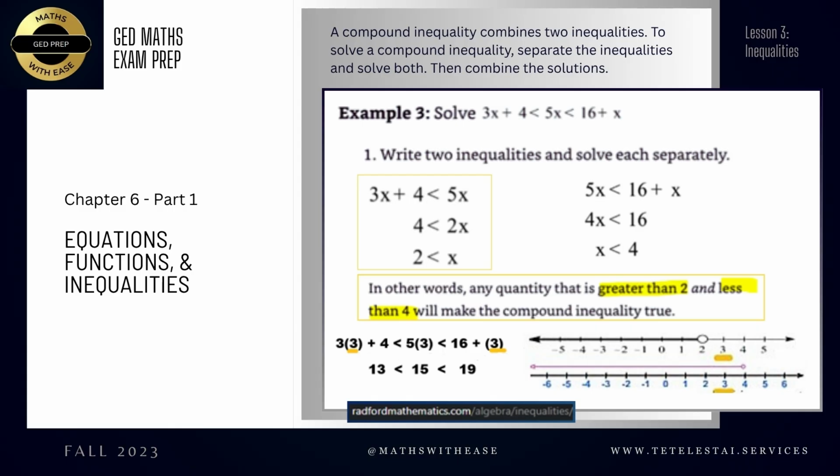So what number lies between 2 and 4? 3. And that makes sense for the solution because 3 is indeed greater than 2, and it's also less than 4. Or you can just represent both inequalities on the number line. Look for where they overlap, because their point of overlap will be the set of numbers that represent your solution, and then go from there.